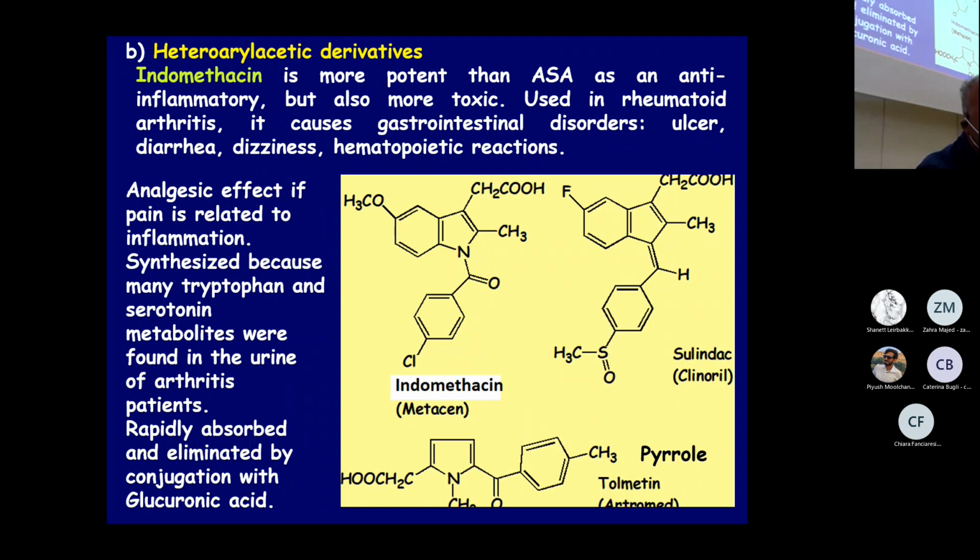There is another important point to underline: the presence of a sulfur atom, a sulfoxide, on the chemical structure of sulindac. Why was a sulfur atom introduced on this type of structure?